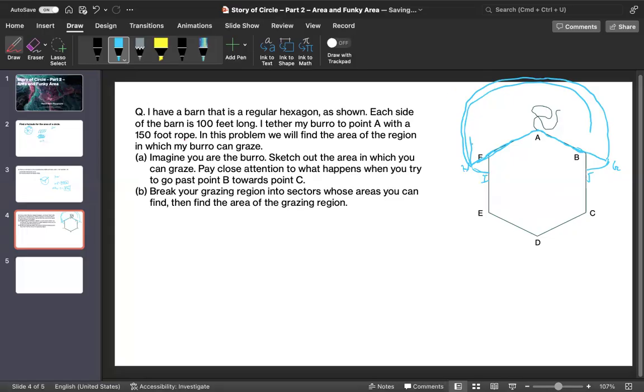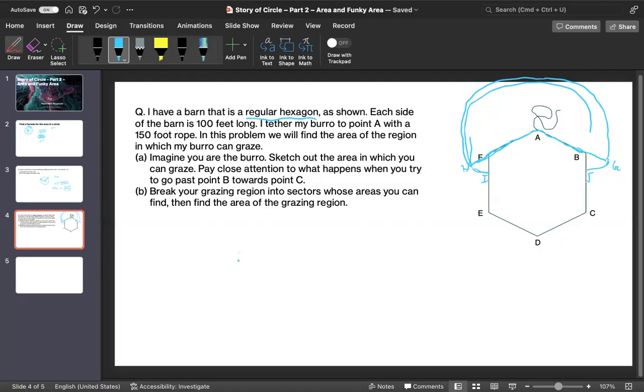This is a regular hexagon, as it says right here, which means all of the angles are the same. We have a little formula to find the angle sum of any shape, for the full shape, not just one angle.